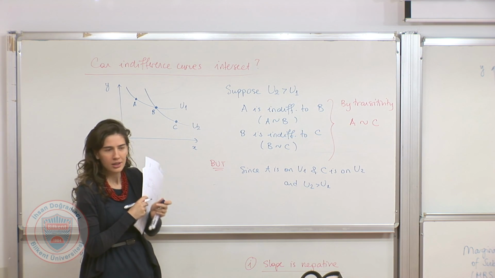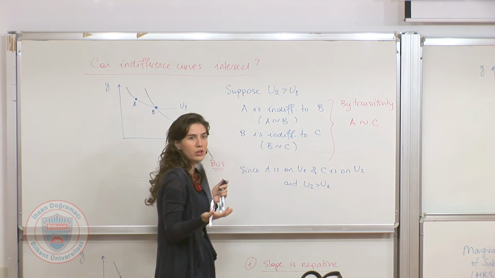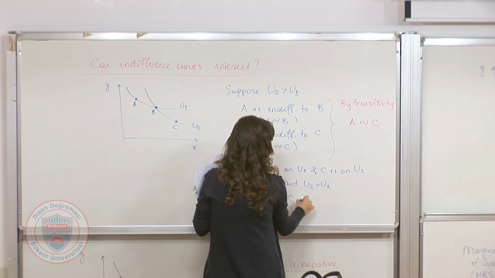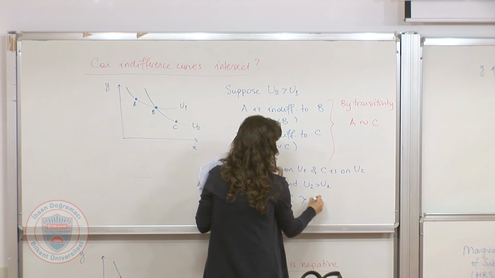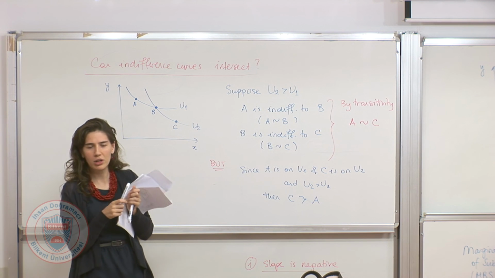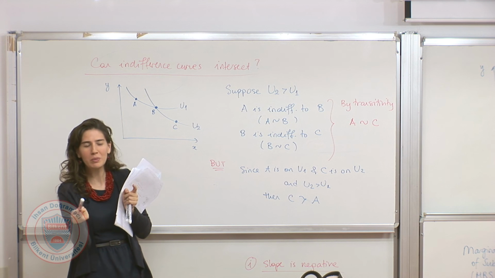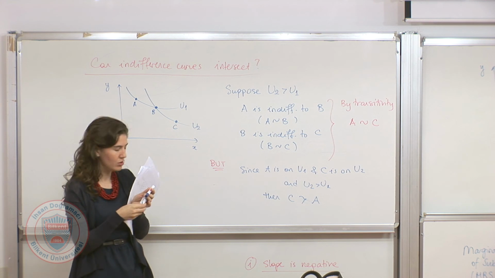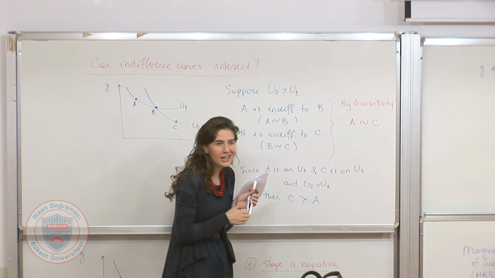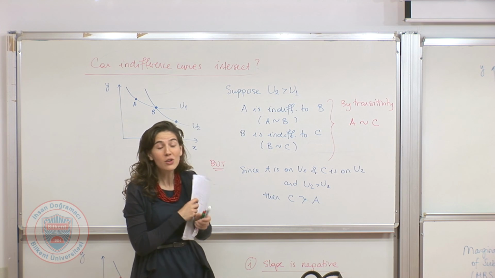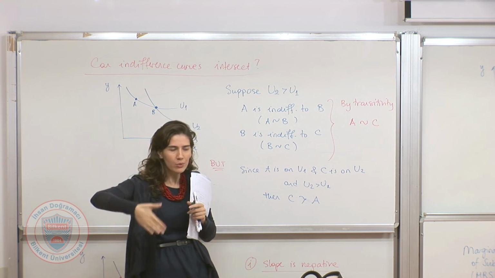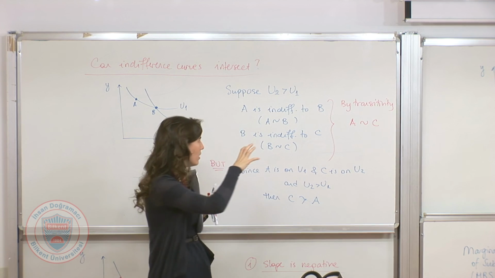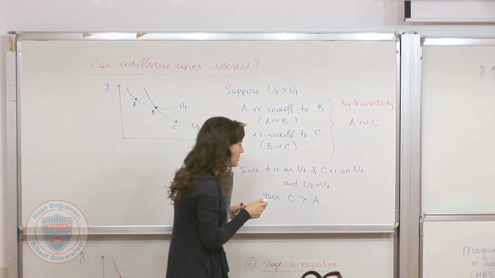Then it should be the case that C is giving more utility, so C should be preferred to A. Uh-oh, what's going on? We said that they should be indifferent, and here we said C should be preferred to A. So what do we call this situation? It's called a contradiction, okay? You didn't impose anything else, but you found two contradicting things, right? So this is a contradiction.